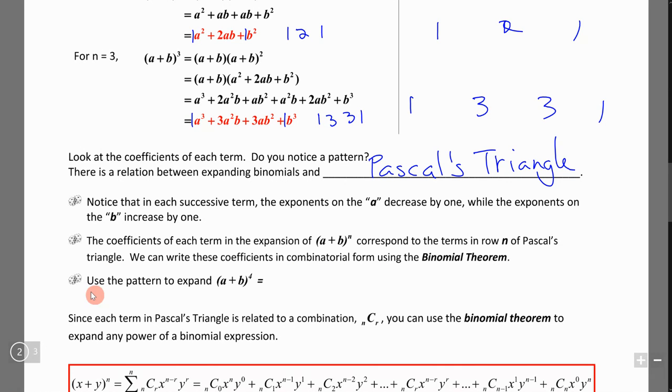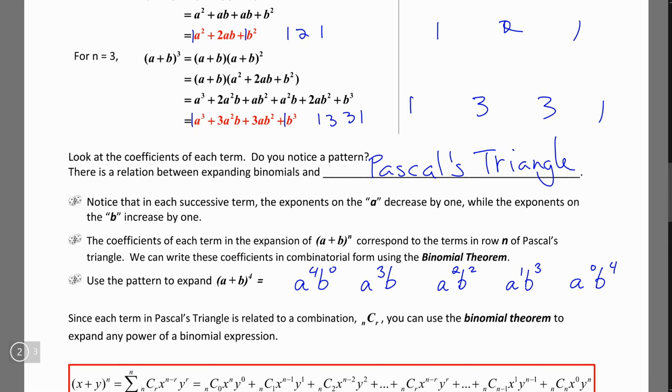So we're going to use the pattern to expand a plus b to the exponent 4. You start off by writing a to the exponent 4, then a to the exponent 3, a to the exponent 2, a to the exponent 1, and then a to the exponent 0. Then going backwards, I start with b to the exponent 4, b to the exponent 3, b squared, b, then b to the 0.